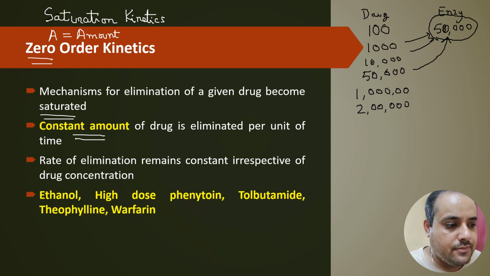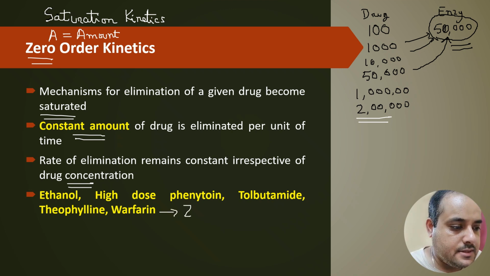This rate of elimination remains constant irrespective of the drug concentration. We saw just now, no matter how much you increase the dose, the elimination will be constant only, because the enzymes are already saturated. Some drugs such as ethanol, high-dose phenytoin, tolbutamide, theophylline, warfarin, they follow zero order kinetics.